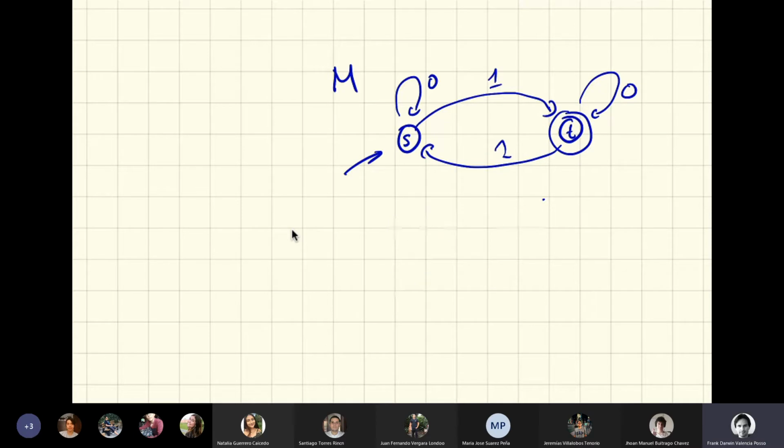So now you have all the tools to define mathematically whether a string is accepted or not. That's what we want to do. So M accepts the string X if and only if what? Any ideas how to do this? Jeremias? If the string is, how do you say, even?